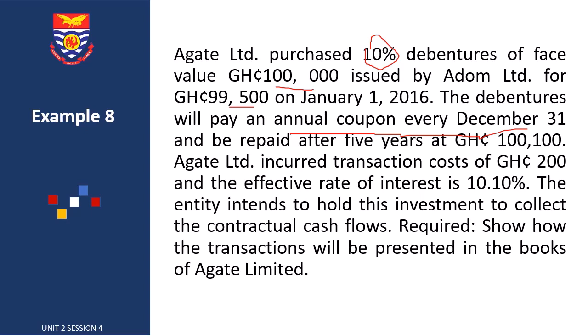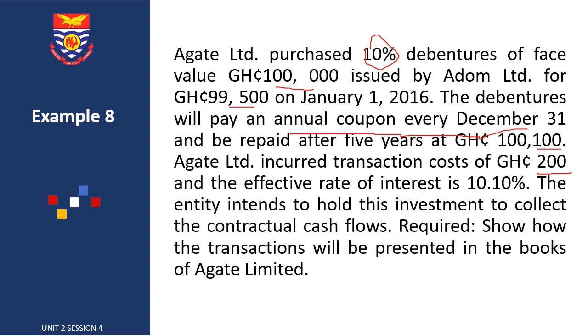However, you will be paid after 5 years 100,100 cedis. So the excess amount of 100 here becomes the premium that you are receiving. So they are paying you in excess of the amount. All right. Then there is also a transaction cost of 200 cedis.